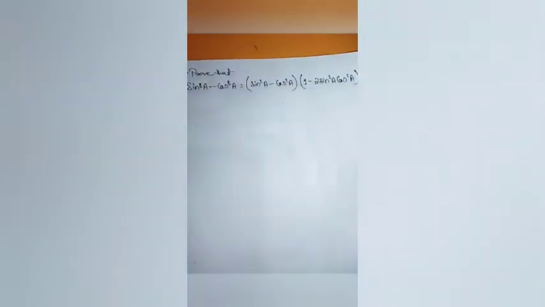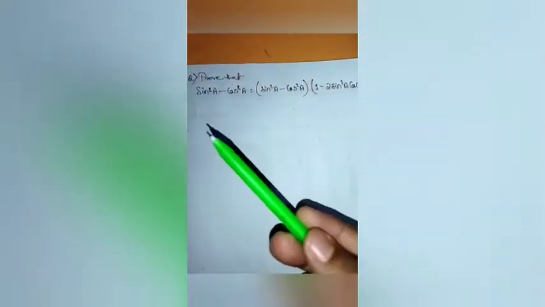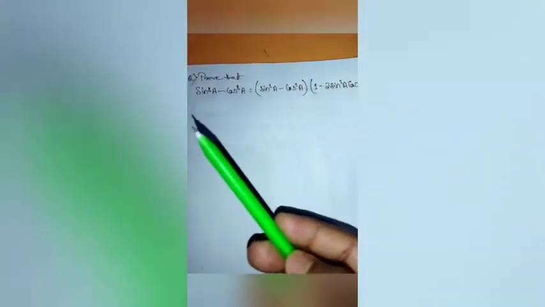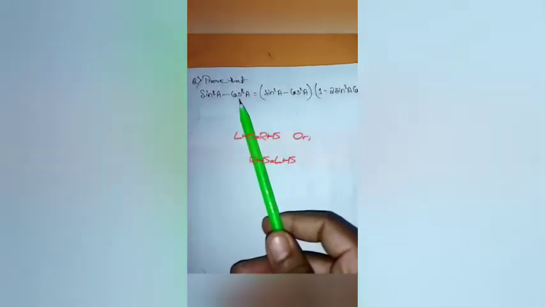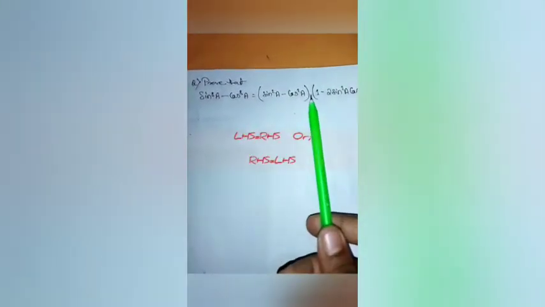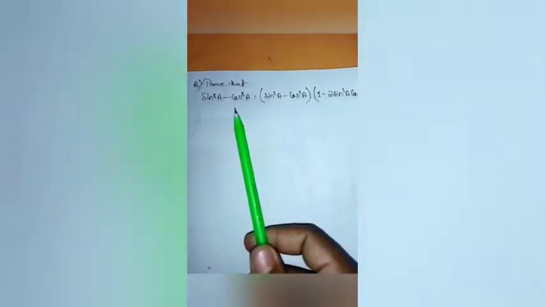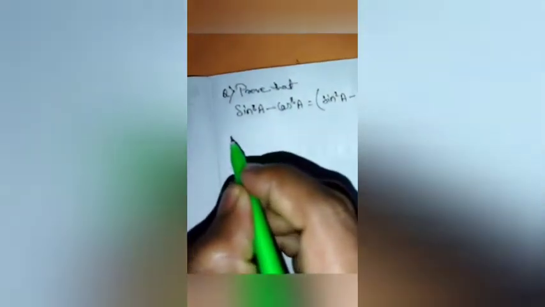Now we all know that in this type of questions, we have to prove whether left hand side is equal to right hand side or right hand side is equal to left hand side. So in this question also we have to do the same thing. So let's start. So we will go with the proper way.